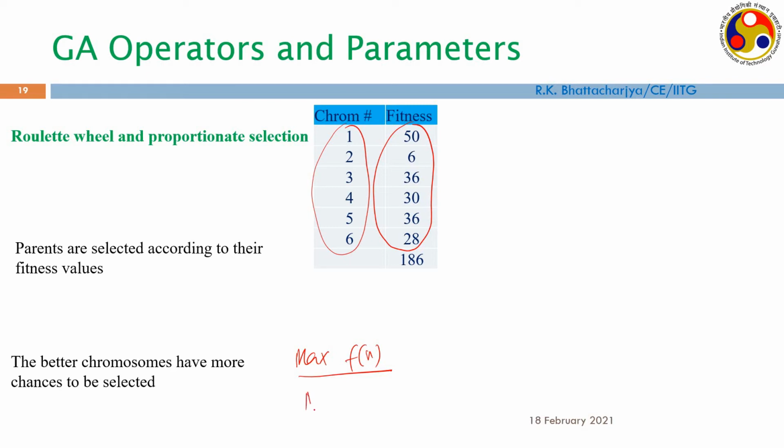But if it is a minimization problem, then if the f(x) value is less, the solution is better. So I can write my algorithm accordingly, or otherwise, if you are a little bit confused initially, I can convert my minimization problem to a maximization one.